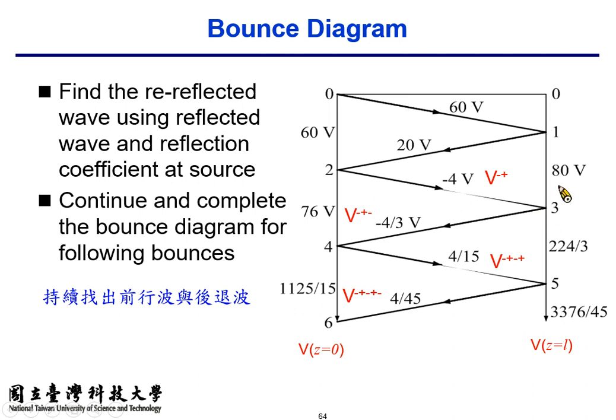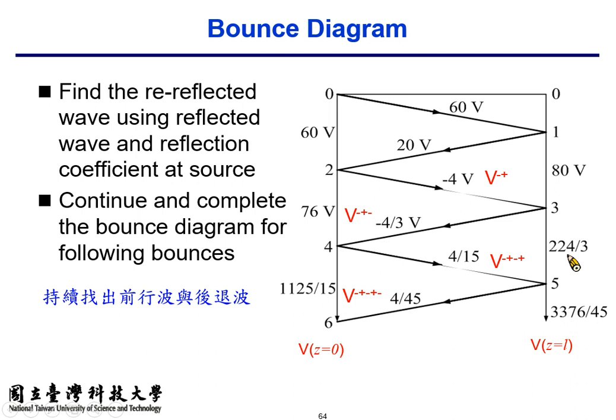Then at 3 microseconds, it will observe V plus, V minus plus, and V minus plus minus, which is minus 4 times 1/3. That would be minus 4 over 3. So the total voltage between 3 to 5 microseconds at the right-hand side is 224 over 3.